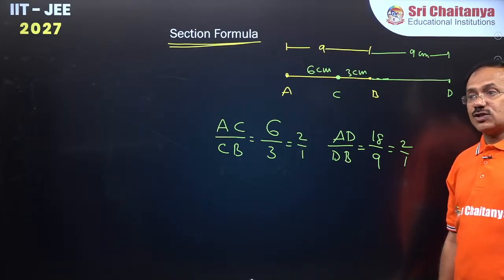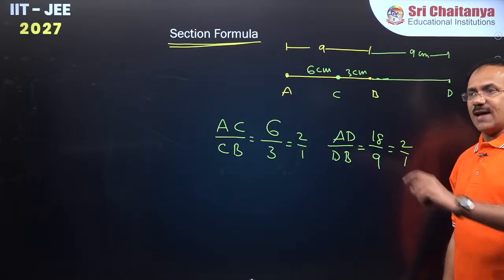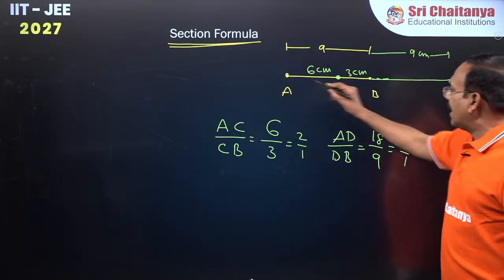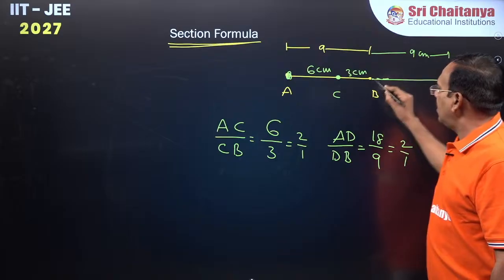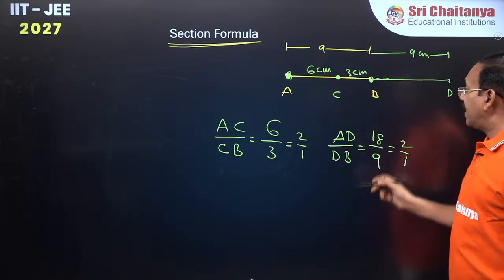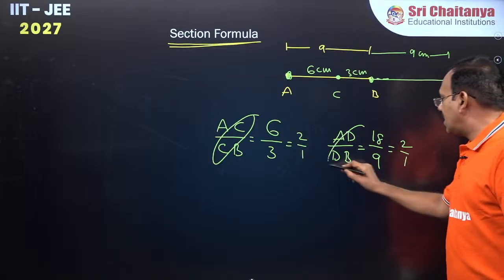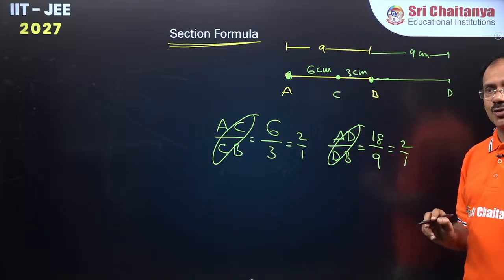Correct. So, shortcut I am going to give. C is dividing AB in the ratio 2:1. Even D is also dividing AB in the ratio 2:1.